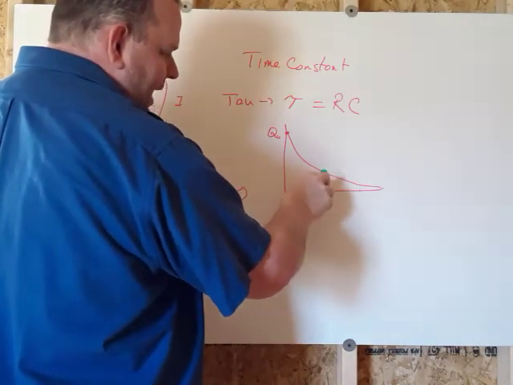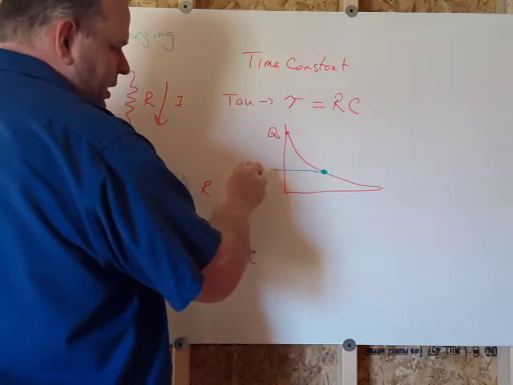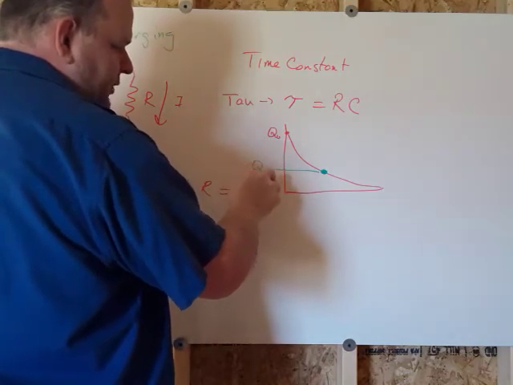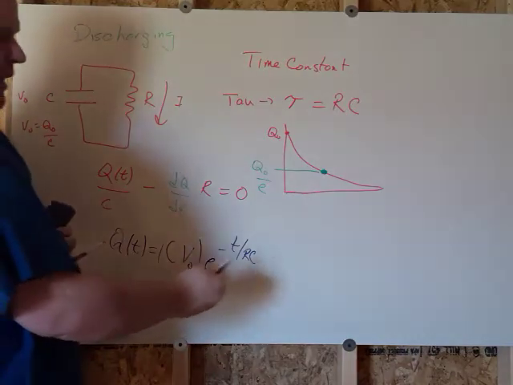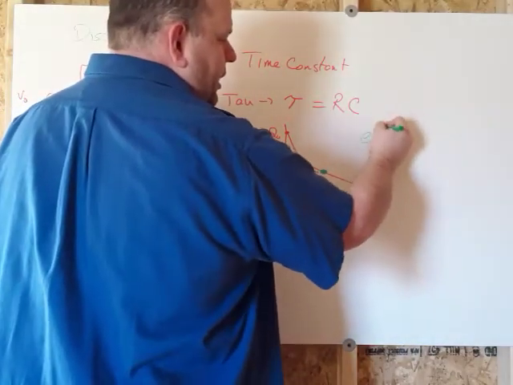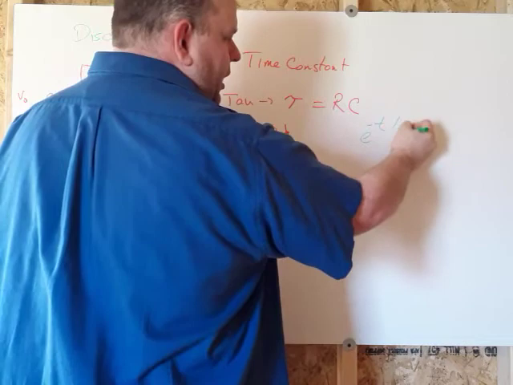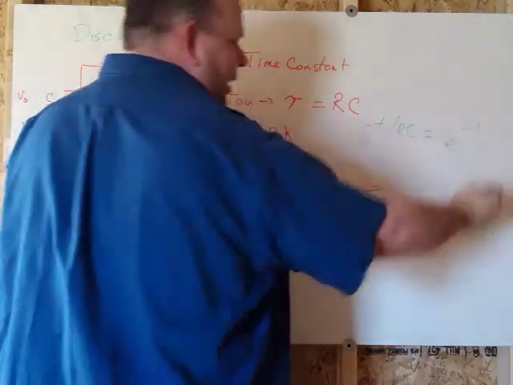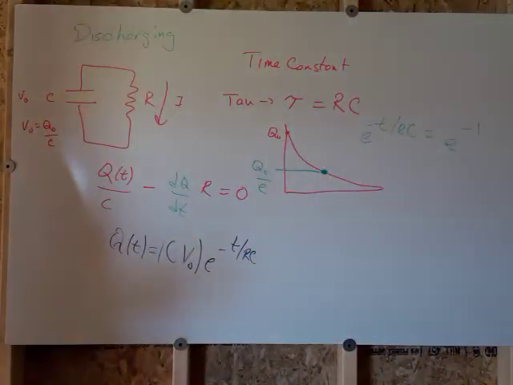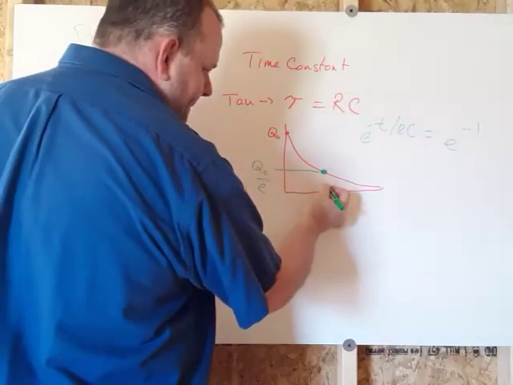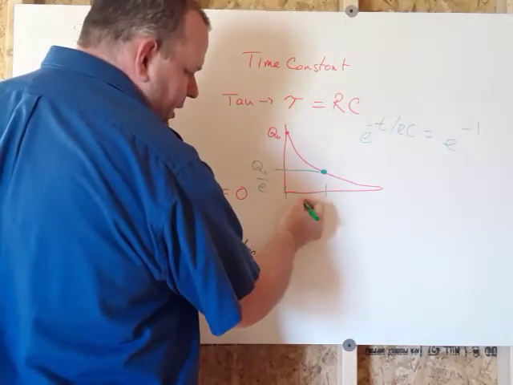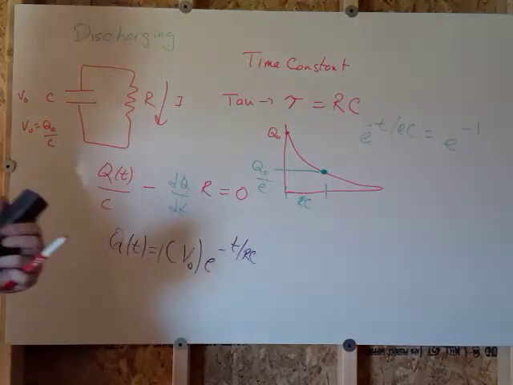If I pick this point out as that particular time, it's going to be Q naught over e. It's time for where this function equals e to the minus 1, which is about 0.37. That's one time constant.